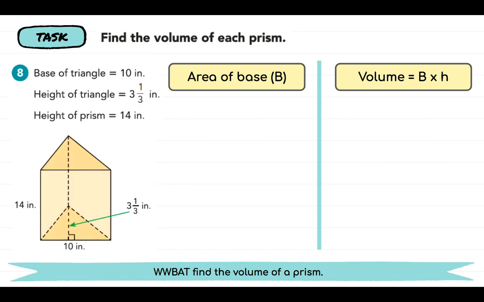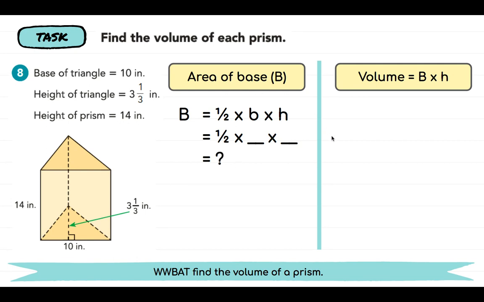Now let's look at the next question. Because the base of this prism is a triangle, you have to use the formula for the triangle in order to find the area of the base. And the formula for triangle is 1/2 times base times height. You are going to replace the number with the base number and the height number in order to find the area.